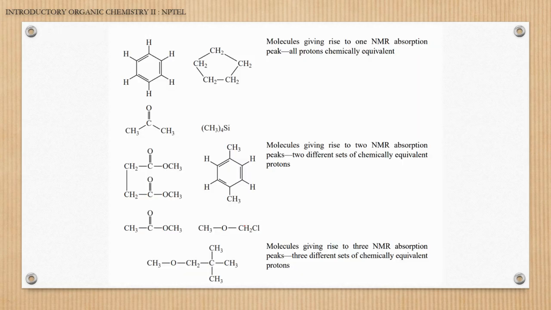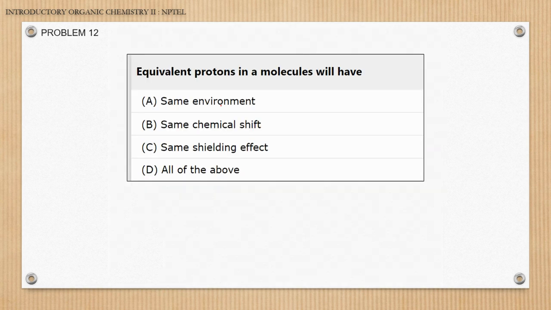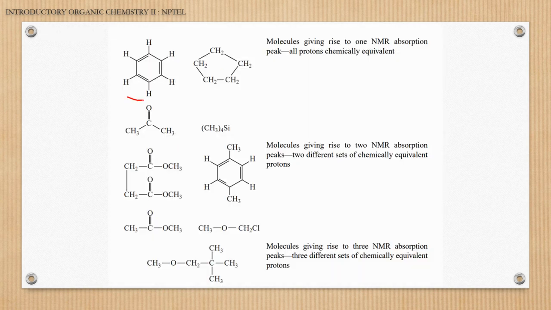Because if you compare the molecules which have equivalent protons, that is, if you compare this benzene ring without substitution, where all the protons are equivalent, then they will have the same chemical shift value, they will resonate at the same chemical shift value, they will have the same environment, and they will also show the same shielding effect.